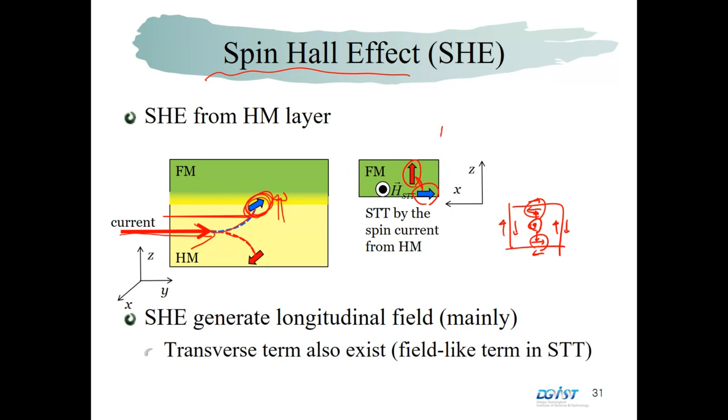And this torque is quite similar to the spin transfer torque, which we already learned. Here the P is the polarization direction, so here we have, let's say, minus X. And the M is the direction of the magnetization, so we have a plus Z, something like that.